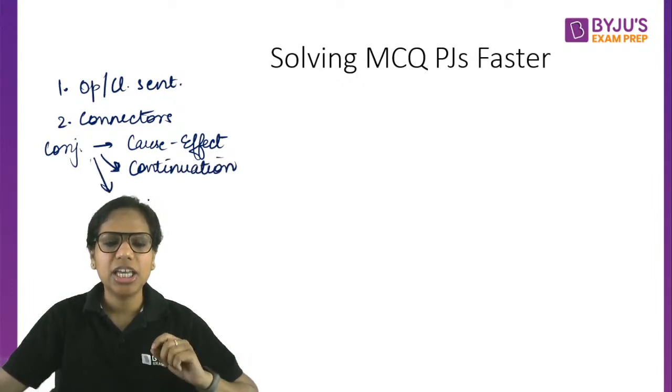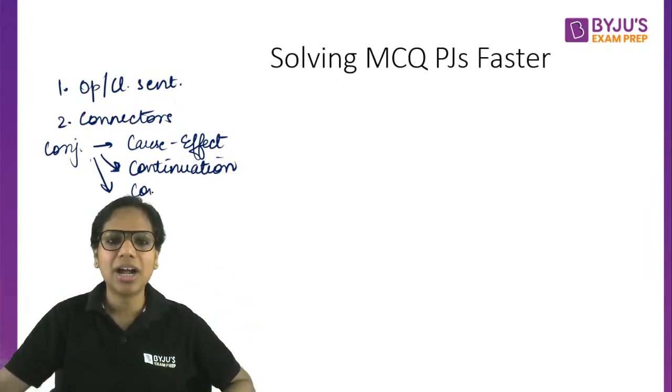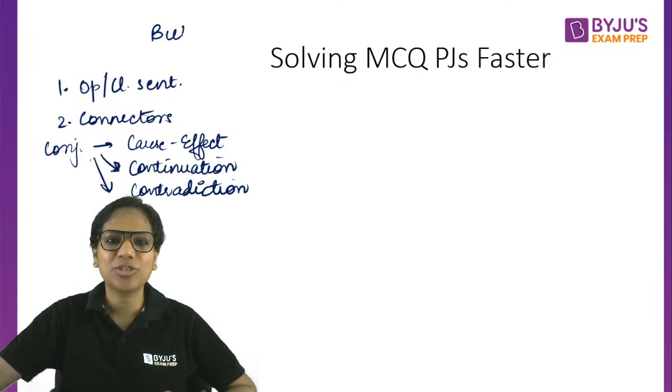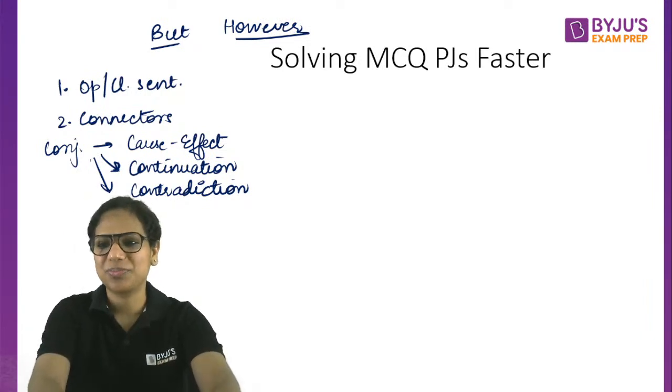Then you can have contradictions also. So but, however. Can anybody tell me the difference between but and however?